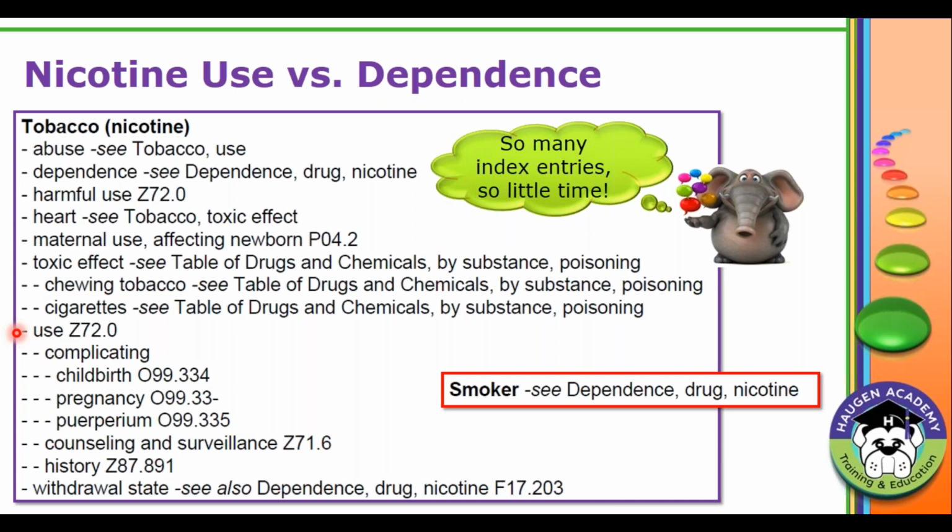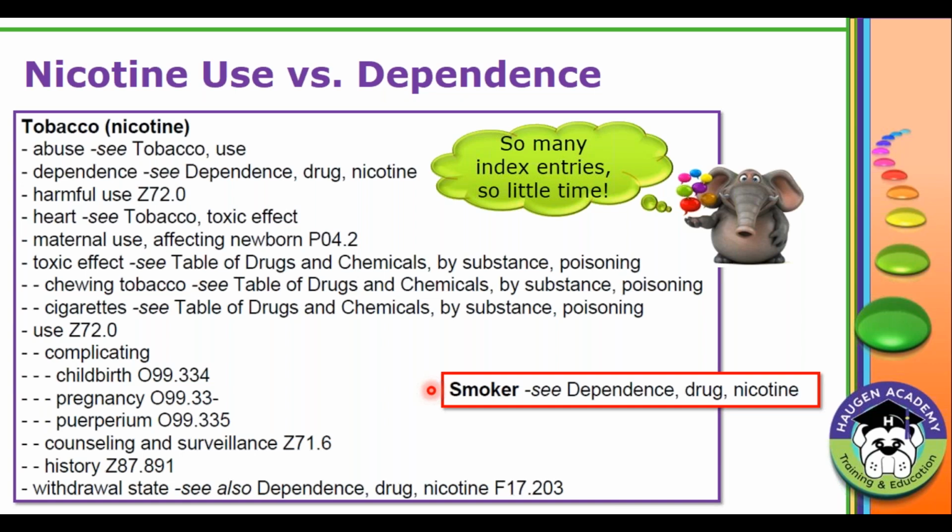In contrast, if you look up smoker, it tells you to see dependence. So smokers are automatically considered to be nicotine dependent, and it's all how your physician documented it in the medical record. There are several different ways to look up tobacco use, nicotine use, or dependence in the coding index, and you could get different codes depending on how you look it up.